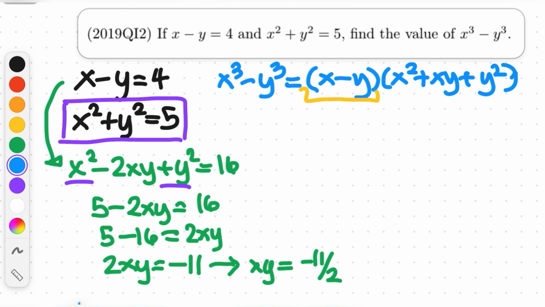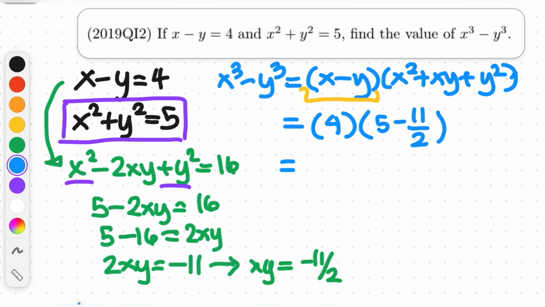So going back, x cubed minus y cubed equals x minus y, which is 4. And in the trinomial factor, we have x squared plus y squared is 5, plus xy, which is negative 11 over 2, so that becomes minus 11 over 2.